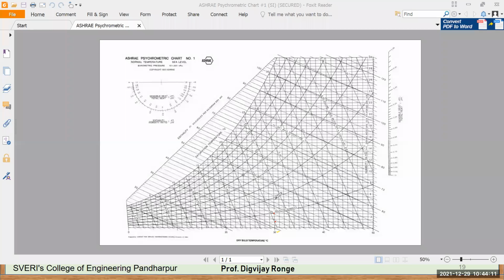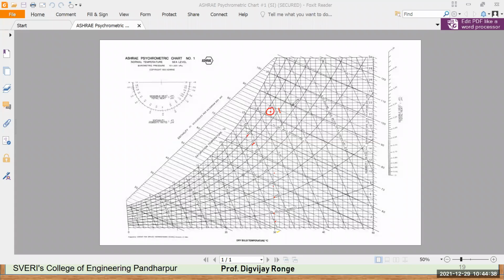Here it will be DBT 30 degrees Celsius, and I have to locate the 75% RH curve. Here you can see it is 70, here it is 80. Between 70 and 80 will lie the 75. So by my judgment I will note down this value, somewhere here, right? This will be my point 1.